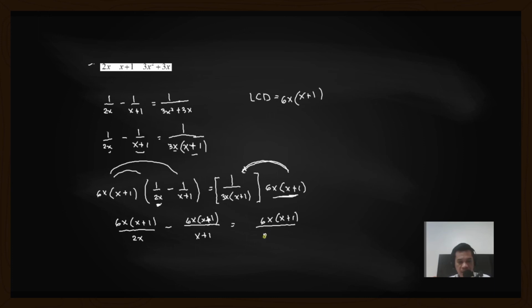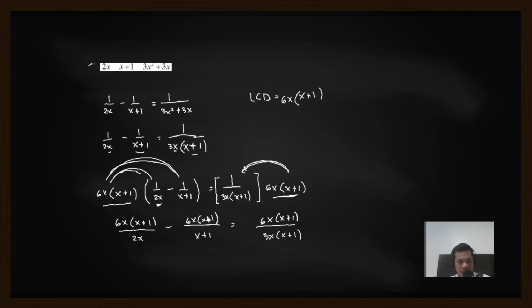And then, copy the denominator below, 3x, and then x plus 1. Okay? So, ulitin ko, etong LCD natin, i-multiply natin dito sa 1 over 2x, yung result, 6x times the quantity x plus 1 over 2x. And then, etong LCD naman, i-multiply natin sa kabila. So, sa numerator, ito yung result.